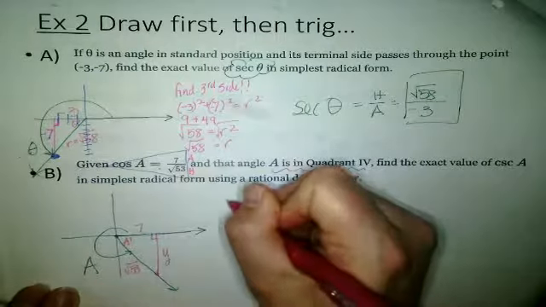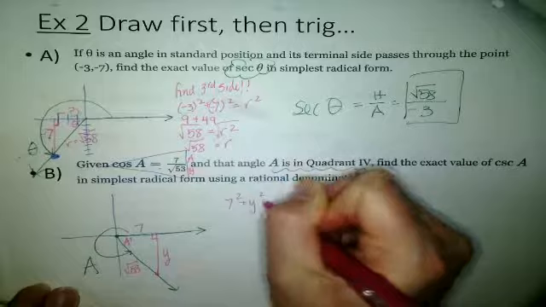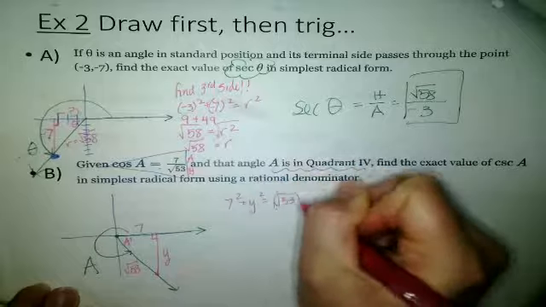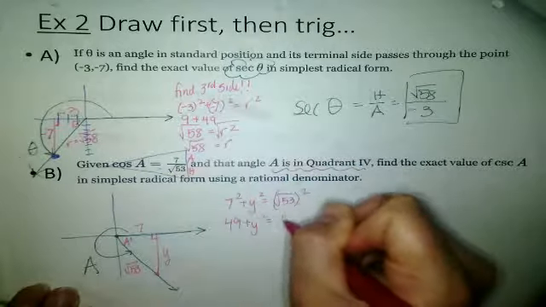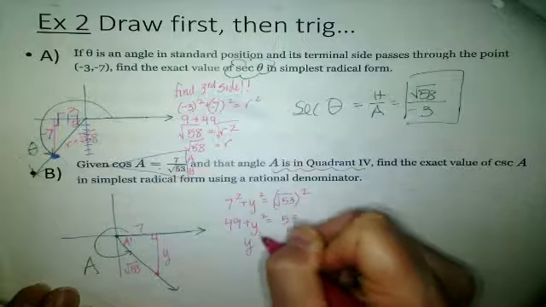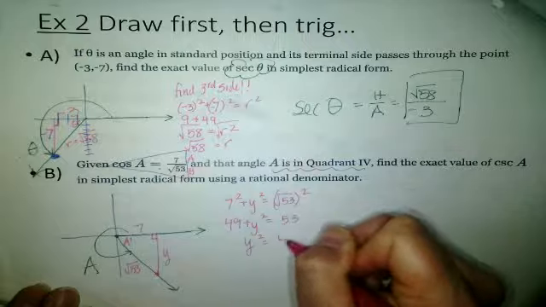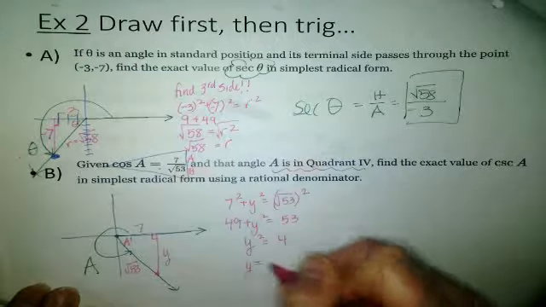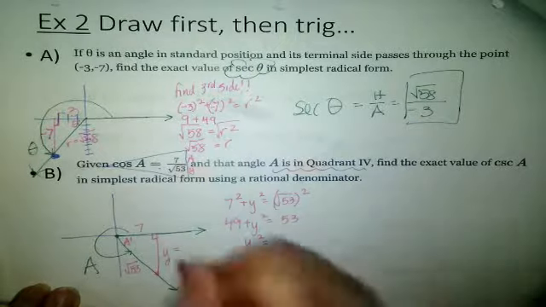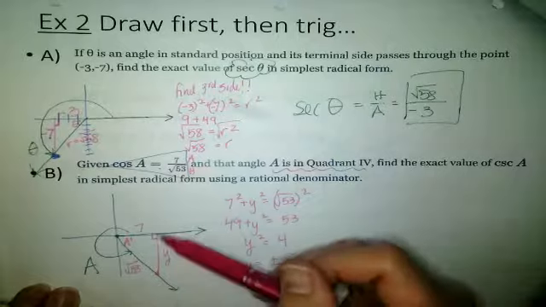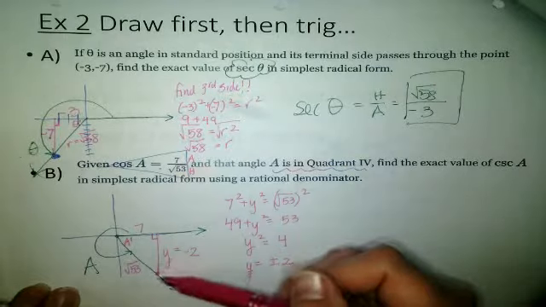So 7 squared plus y squared equals the square root of 53 squared. 49 plus y squared equals 53. Move the 49 over, that's 4, so y equals plus or minus 2. When you take a square root, don't forget the plus or minus. What do we need? Negative, correct. It should be negative because we're going down to get to this point on the terminal side.